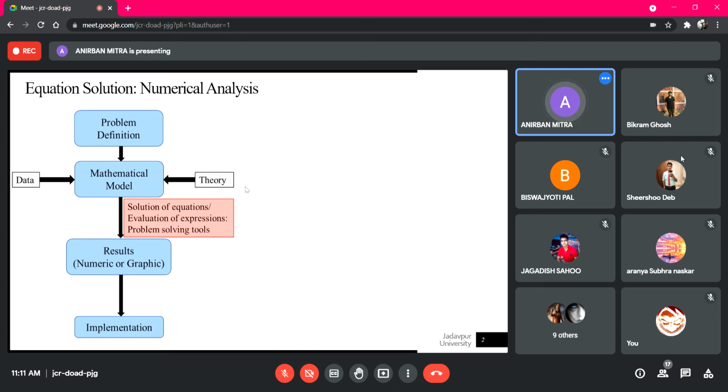However, the first and probably one of the most important aspects of this is the conversion of the problem at hand, or the problem definition, you can say, to an abstract model that allows for some mathematical analysis. What it means is that conversion of the physical model to a mathematical model.